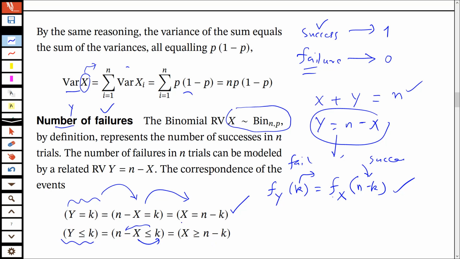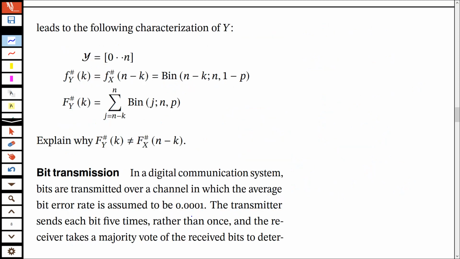So in words, number of failures not exceeding k is the same as number of successes at least n minus k. Yeah, this translates to at least. So I can now work this out. Yeah, that was a simple substitution.